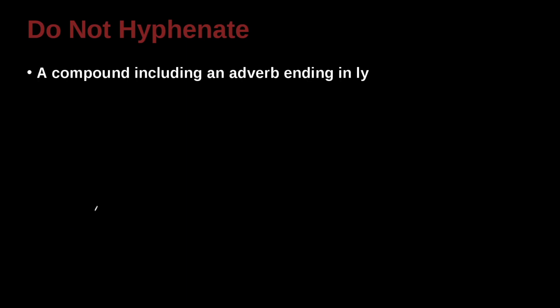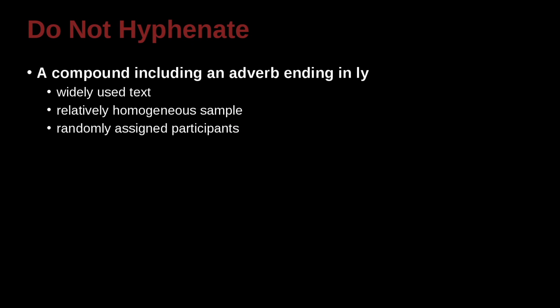Do not hyphenate in these cases, such as a compound including an adverb ending in ly. So widely used text or relatively homogeneous sample. In this case, if you were to use a hyphen, you'd be putting it in right here, or right here, or right here.